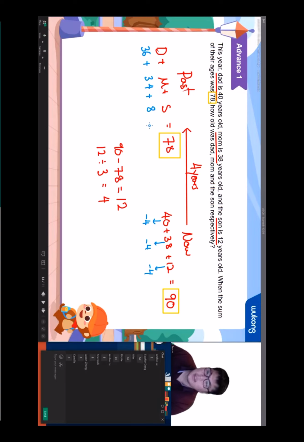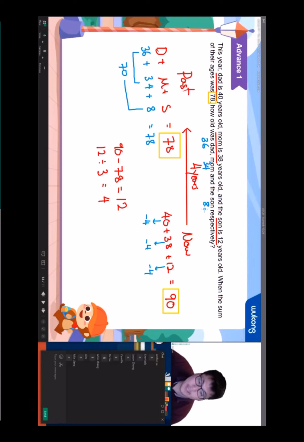So now let's check our answer. 36 plus 34 is 70, and 70 plus 8 is 78. So yes, this is our answer. To answer this question, how old was dad? 36 back in the past. Mom was 34, and son was 8 years old. So that's your answer.